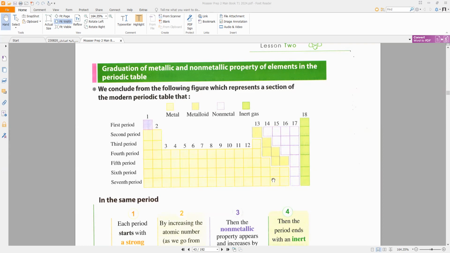The faint yellow color is metal. The dark yellow color is metalloid. The part that has violet color is non-metal, and also the hydrogen here is non-metal, so it has the same color as the non-metal. The maximum right side of the table is a group called inert gas.